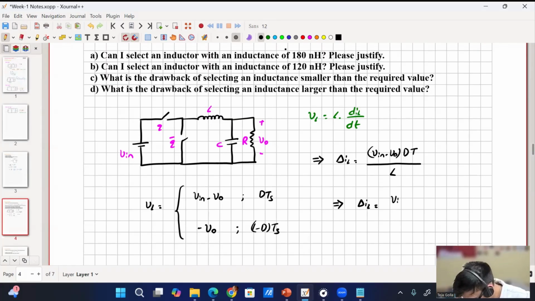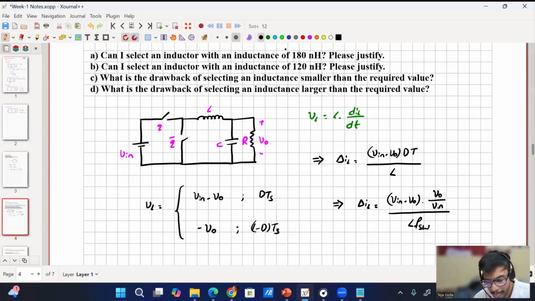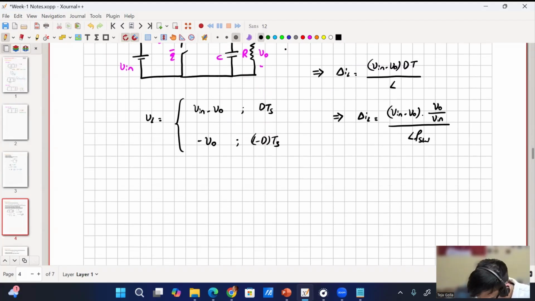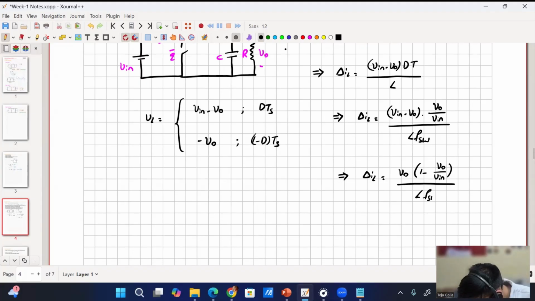Why? I'll let you know once I solve this. What is duty ratio? It is V0 by V_in, right? Switching frequency is given, so I'll write it as L into Fsw. Further simplifying, this is V0 into (1 minus V0 by V_in) by L into Fsw. This is the equation I am getting for designing the inductor.